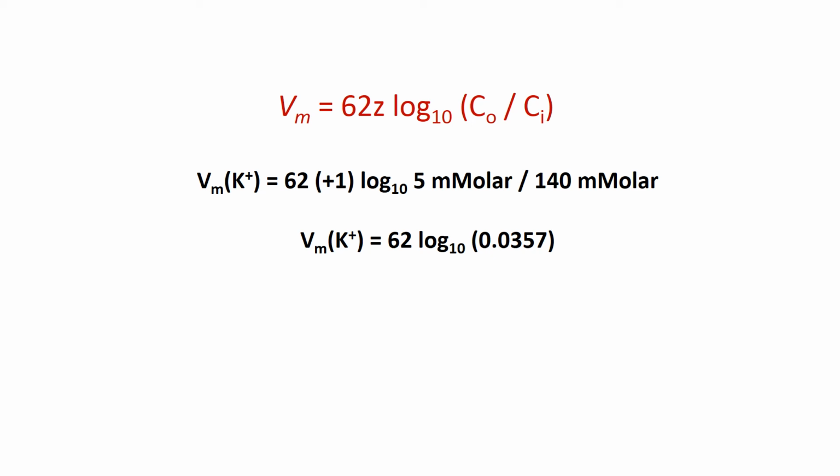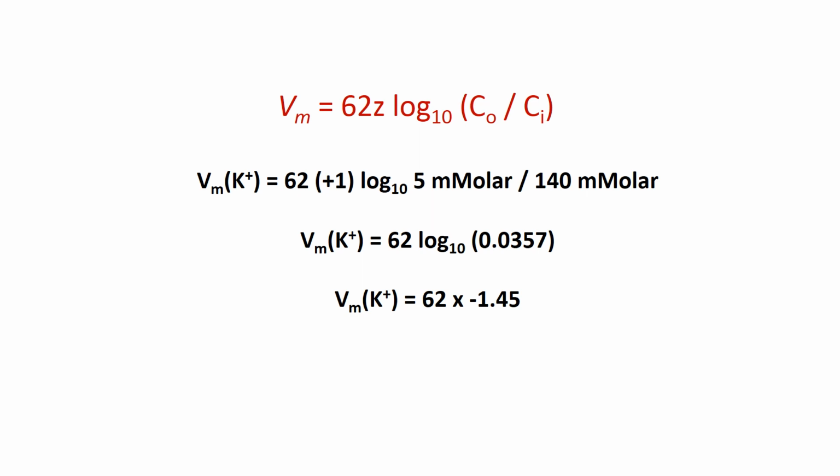Dividing 5 by 140, we come to 0.0357. We will then take the log of that concentration ratio to come up with the voltage across the membrane is equal to 62 times negative 1.45.